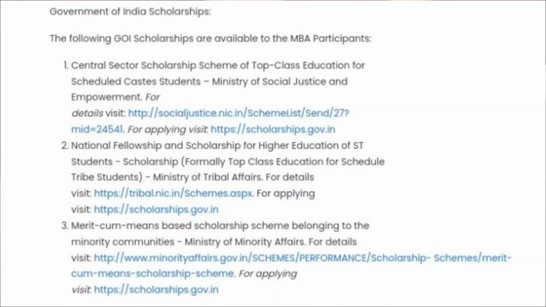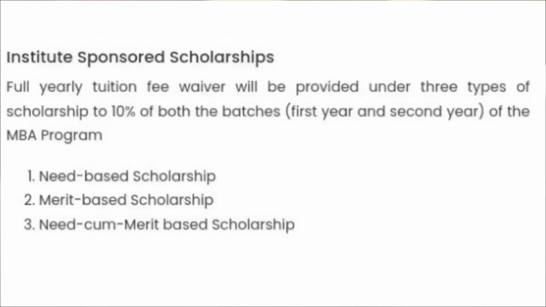The second scholarship is the National Fellowship and Scholarship for Higher Education of ST students. And the third scholarship is the Merit Cum Means Based Scholarship Scheme for the minority communities. Then the institute also offers some sponsored scholarships like Need Based Scholarship, Merit Based Scholarship and Need Cum Merit Based Scholarship. So this is all about the overall admission process for IIM Kashipur.